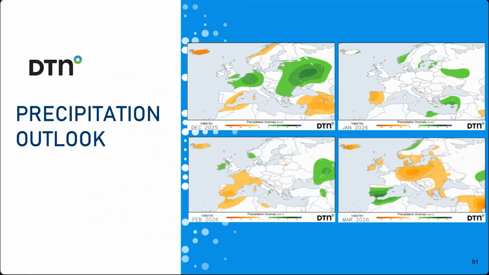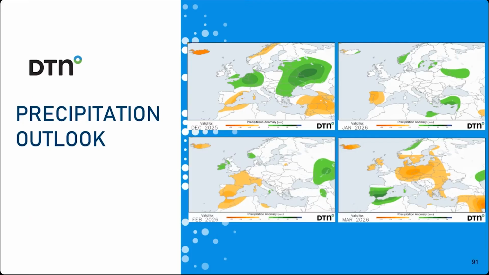Precipitation now, and the outlook looks like this, with wetter than normal conditions in December across north central and parts of west and northwest Europe, with a period of snow possible if the polar vortex disruption sends cold in that direction.